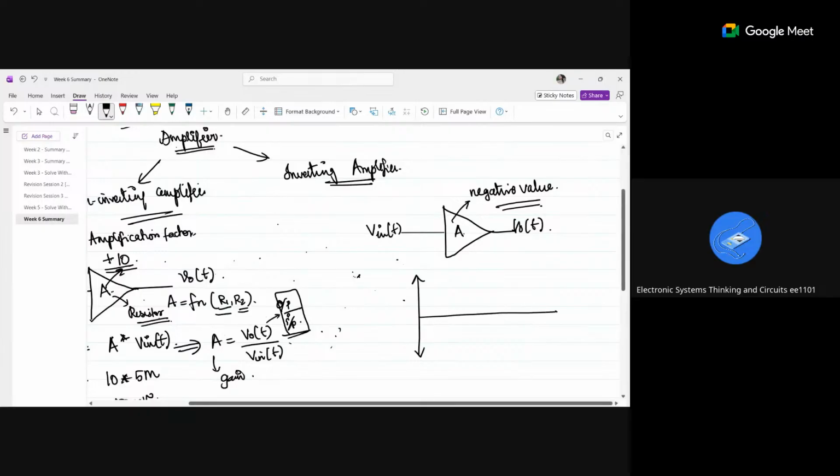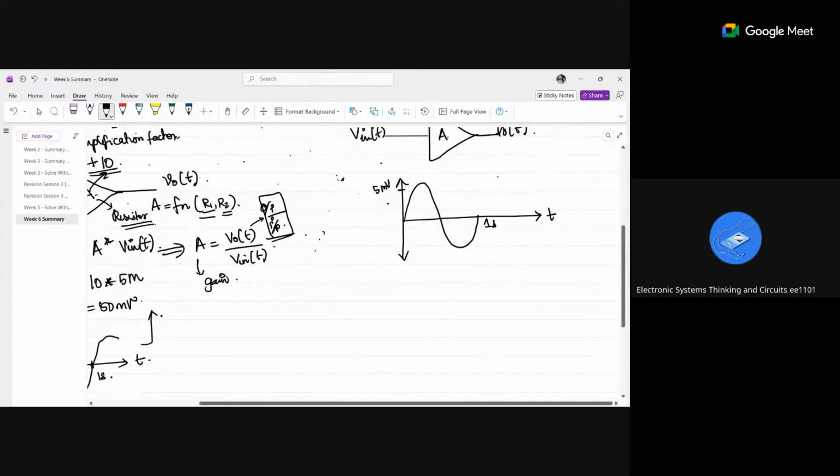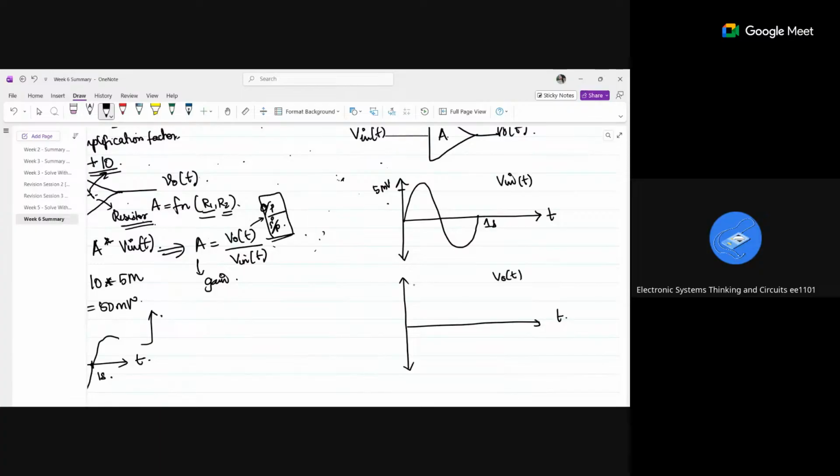Let me take the same sine wave. It is 5 millivolts, right? This is 1 second. This is my V in of t. This is my V out of t, the output. Here also I am taking A is equal to 10, but here it is a negative value.